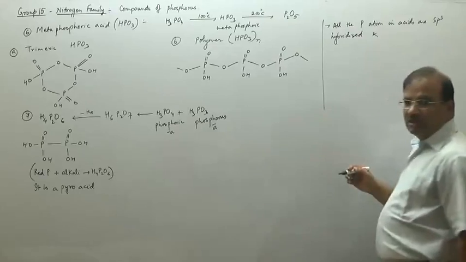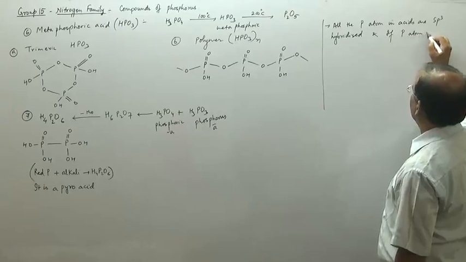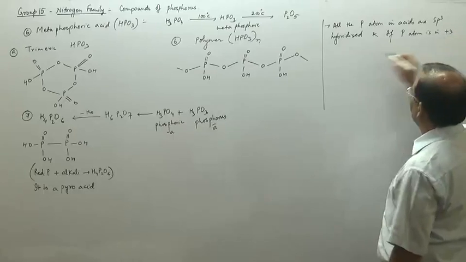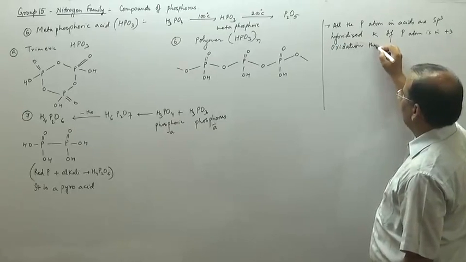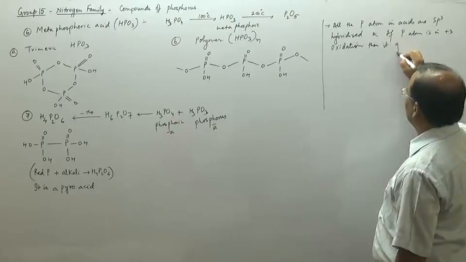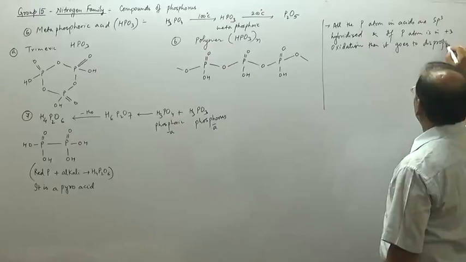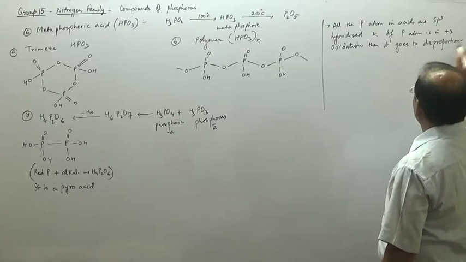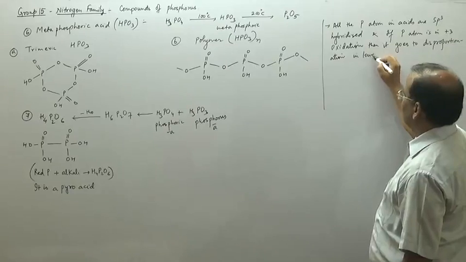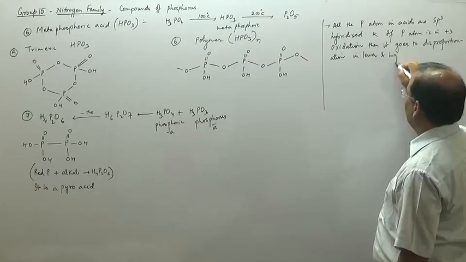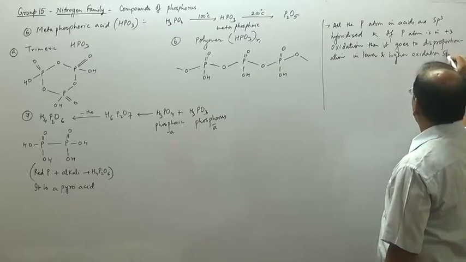And if the P atom is in the +3 oxidation state, then it goes to disproportionation. Disproportionation into lower and higher oxidation states. Lower and higher oxidation states, we can write it like this.